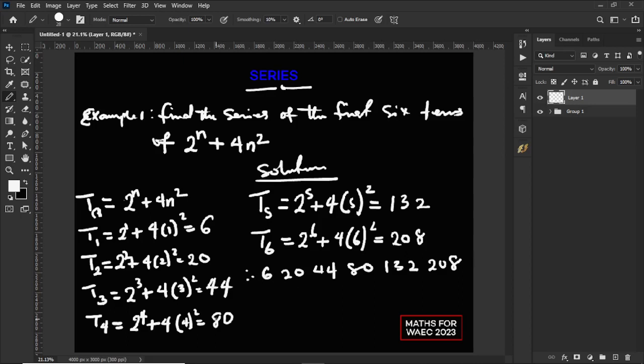What's going to be the series of the sequence, class? 6 plus 20 plus 44 plus 80 plus 132 plus 208. So it's as simple as that. That's the series that we are looking for. So you can take it down before we look at the next example.